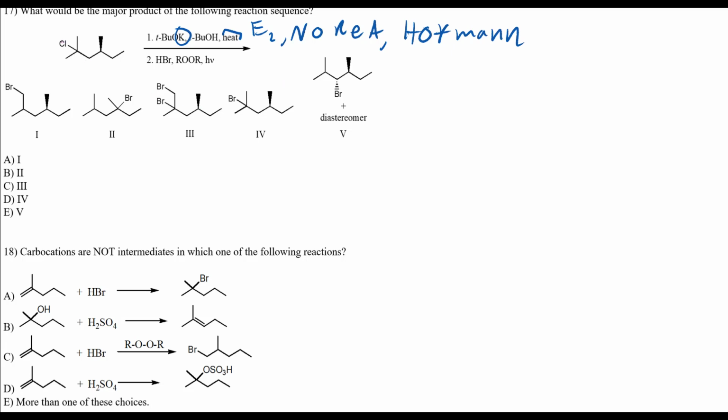So let's draw this out. This chlorine breaks, and it gives me something like this. And we want a Hofmann, so it's going to give me something like that one. That was step 1. Now we move on to step 2.